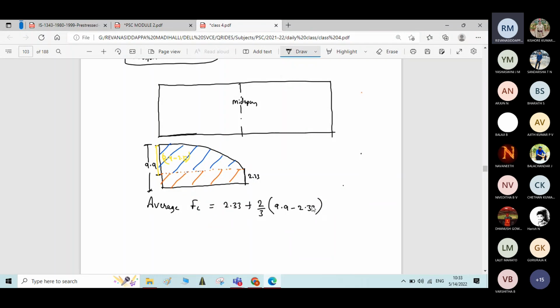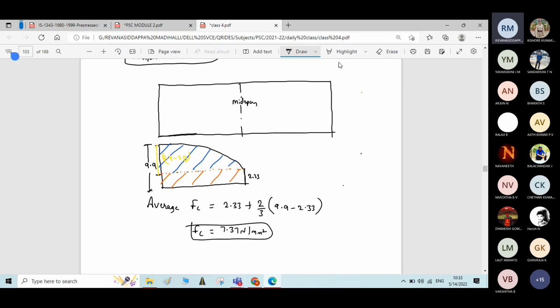If you calculate, you will get average FC as 7.37 Newton per mm square.